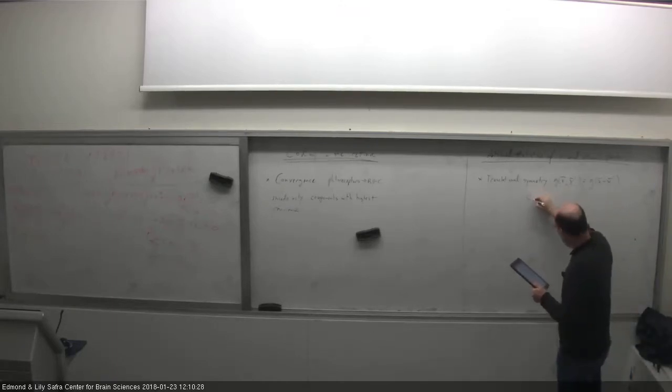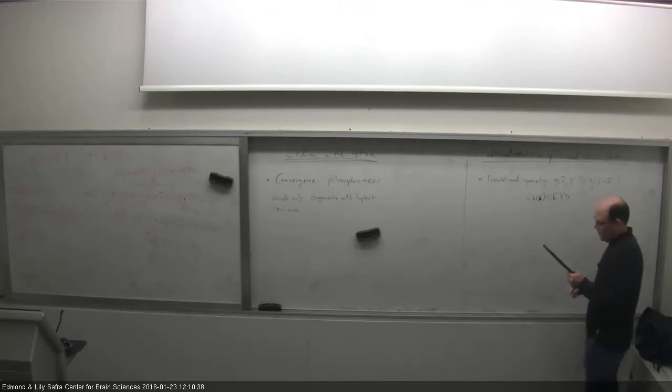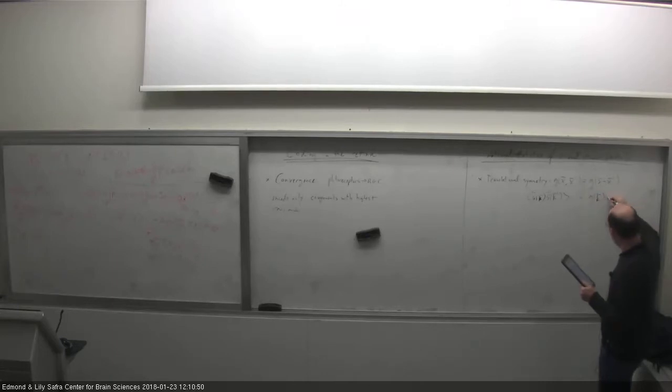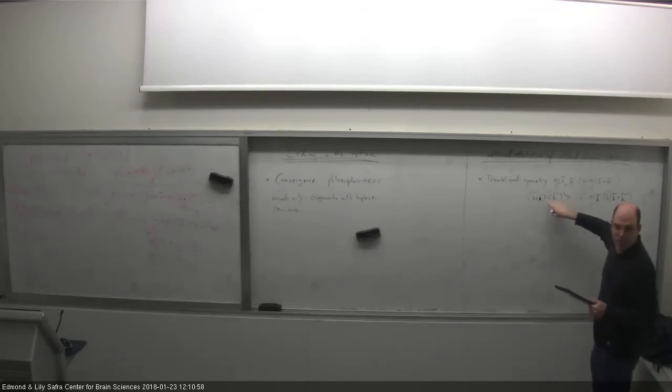And the way I wrote it is that S of k, S of k prime, once we Fourier transform the signal into S tilde of k and S tilde of k prime, this has to be diagonal. Now, when we have complex functions, it's convenient to define it in this way, k plus k prime, not k minus k prime. So k and k prime have to be the same up to a minus sign relative to each other.